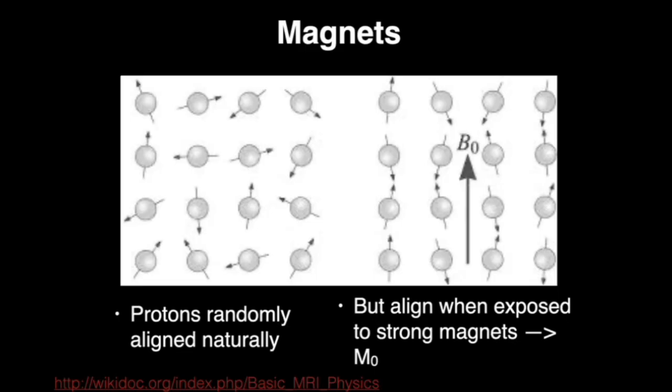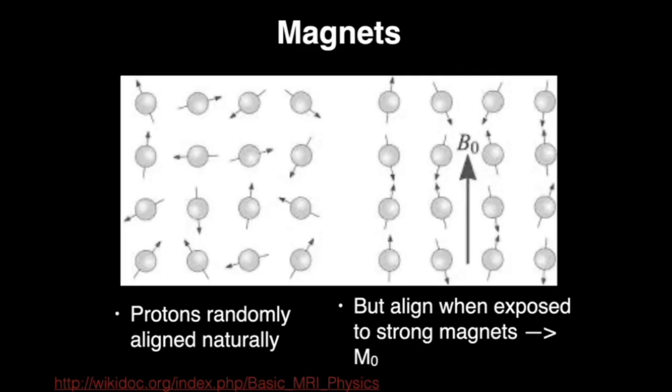So we're trying to depict that here, where these nuclei are randomly aligned, but you put enough of them in a strong enough magnetic field, and then you become a tiny bar magnet in an MRI scanner.